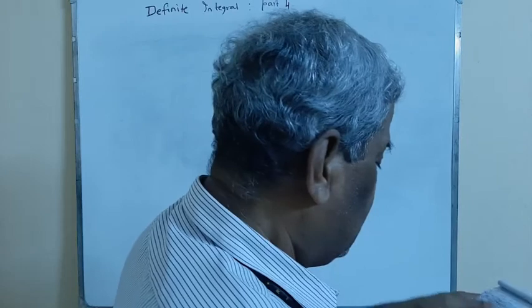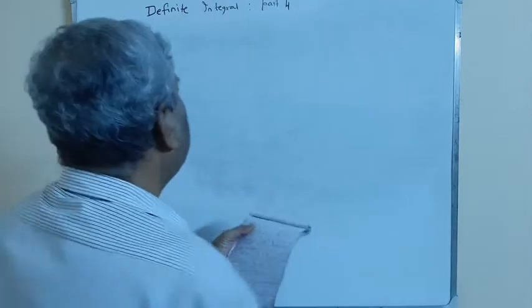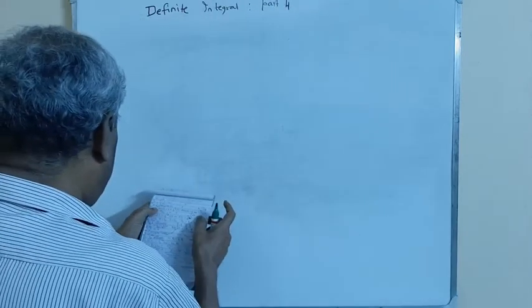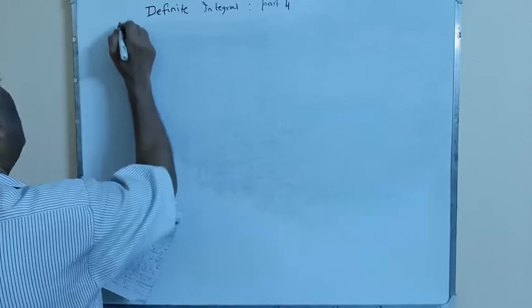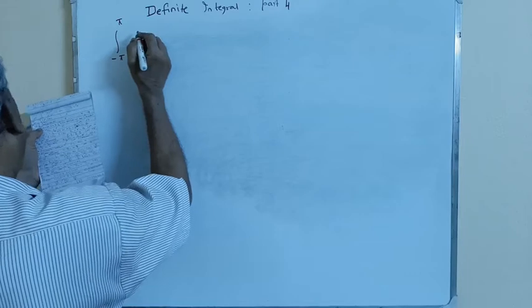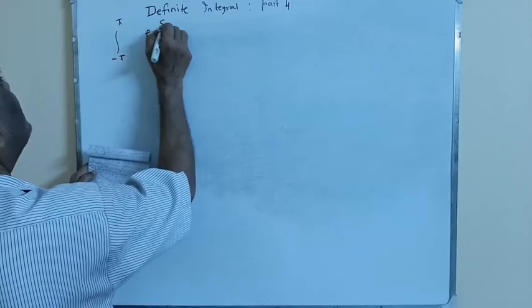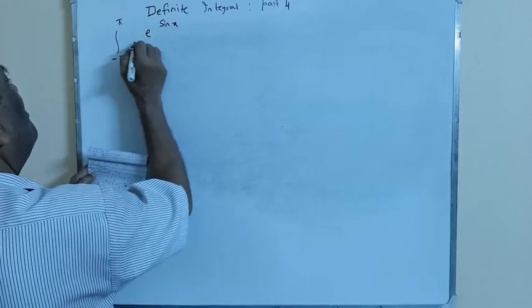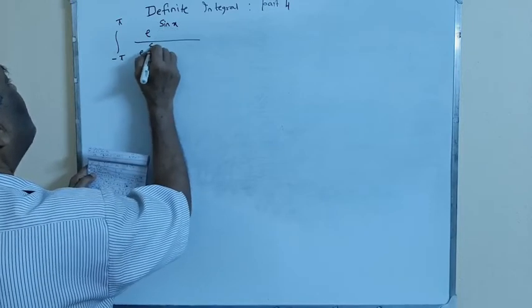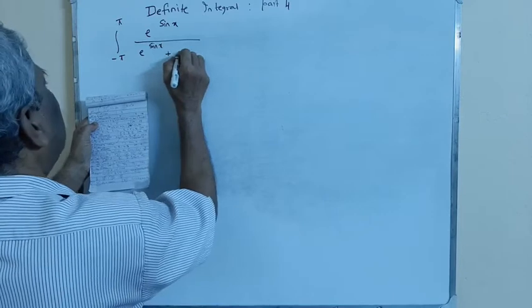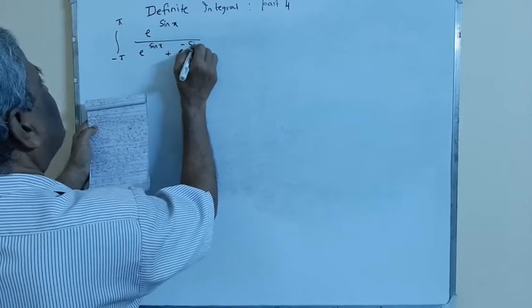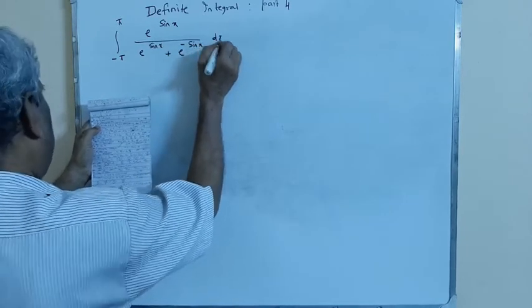Now, the next problem is the integral from minus pi to plus pi of e to the power sin x by e to the power sin x plus e to the power minus sin x dx.